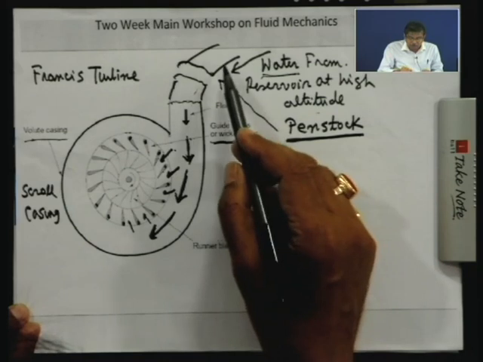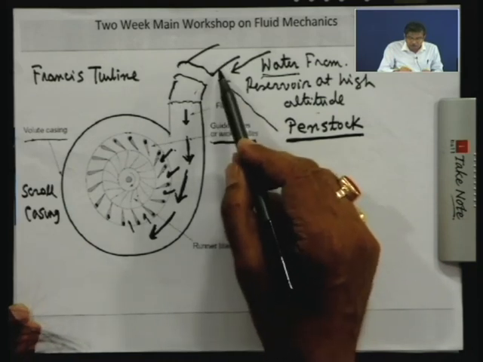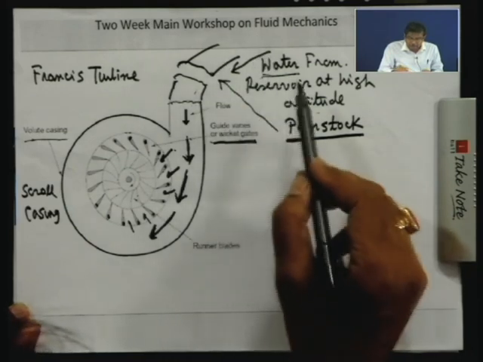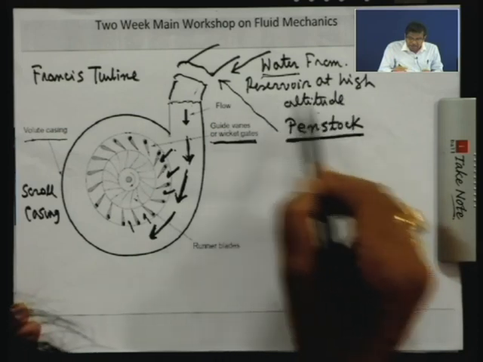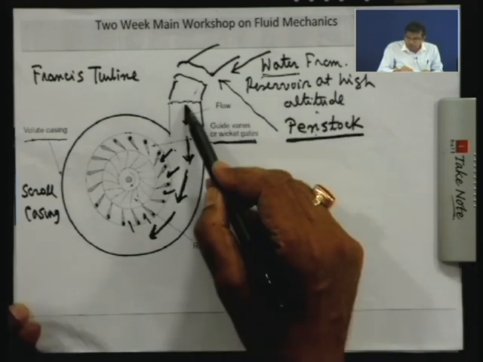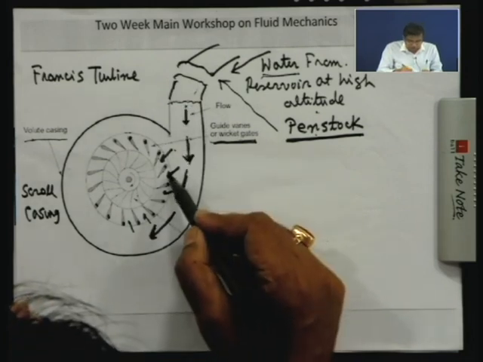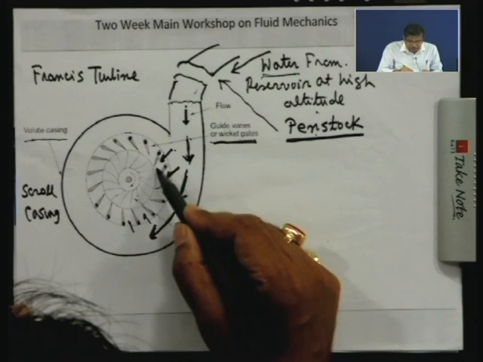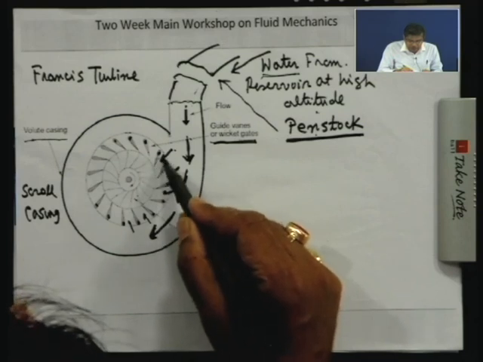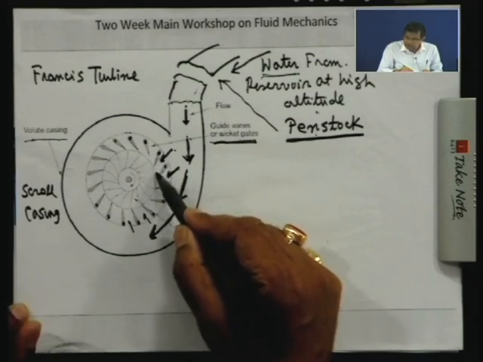So, if we consider the loss, the head available is the head in the reservoir at altitude minus the loss. So, fluid comes here with a high energy, mostly in the form of pressure, but a low velocity. Therefore, when the fluid enters this converging passage, which acts as a nozzle, the velocity is increased and the pressure is decreased.